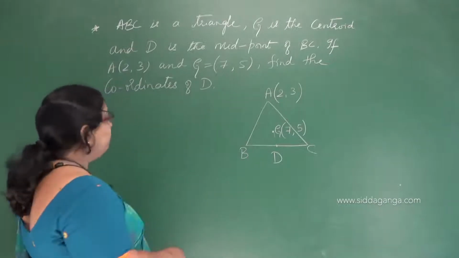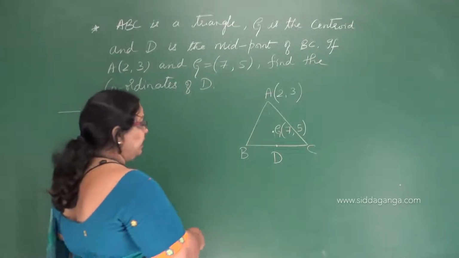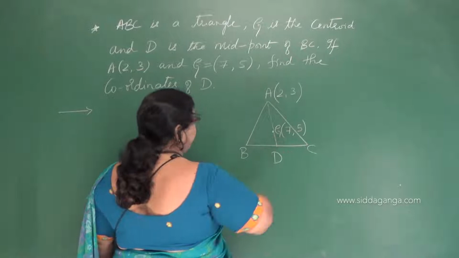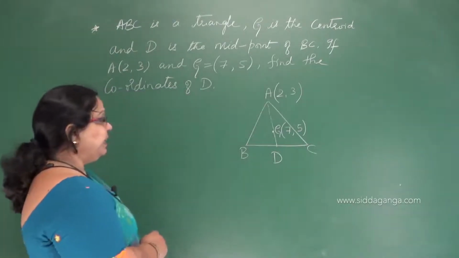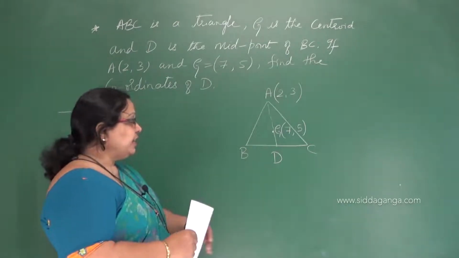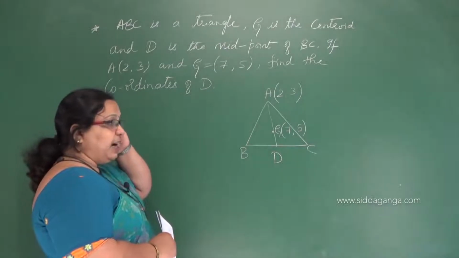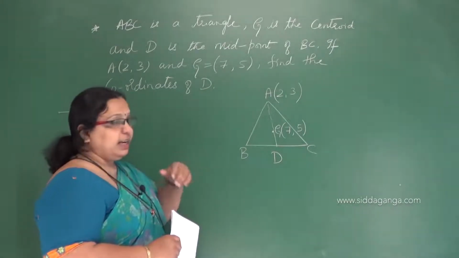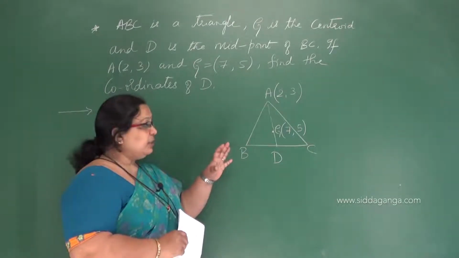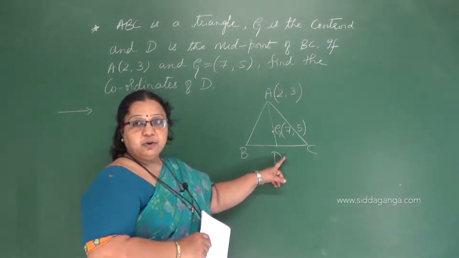Now we have to find the coordinates of D. Here AD is the median, and G, the centroid, lies on the median. So we can't use any distance formula like that. For this problem, we have to think how we can find the coordinates of D.